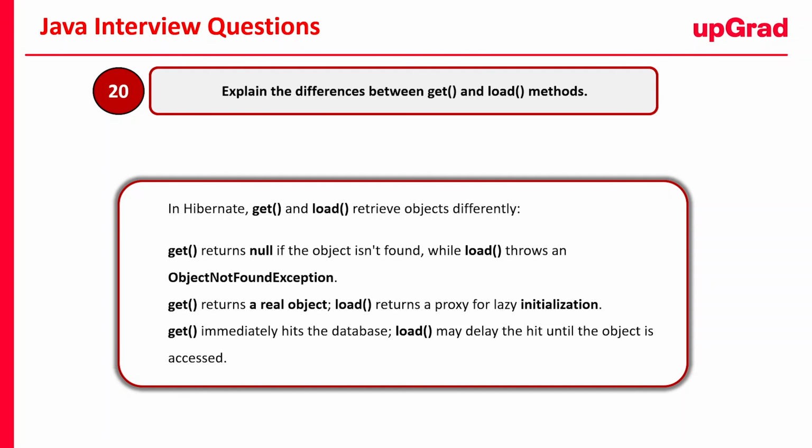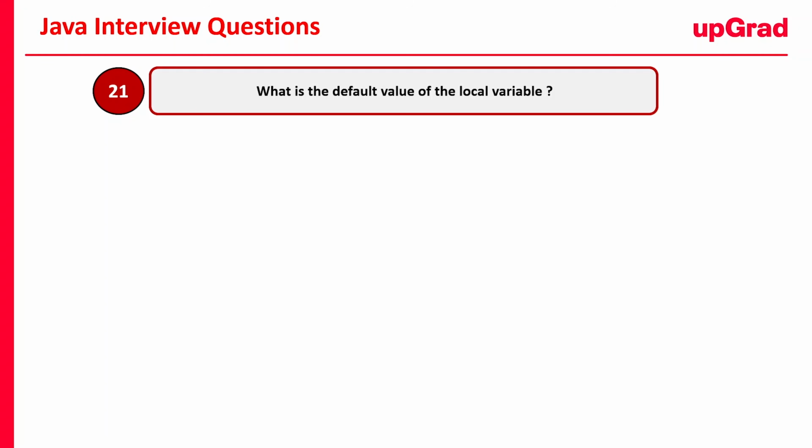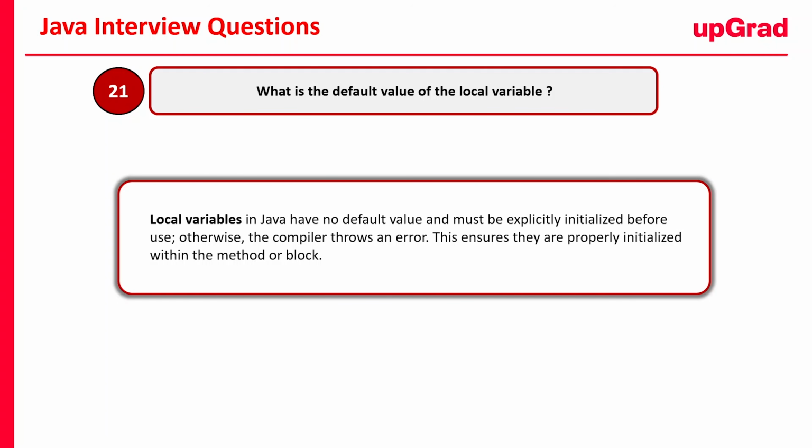Alright, now coming to question number 21, which is, what is the default value of the local variable? When you're asked about local variables in Java, the interviewer wants to know if you understand the initialization behavior. To answer this question, you should start with, in Java, local variables declared inside methods don't automatically get a default value, unlike instance variables which get values like 0 for numbers or null for objects.